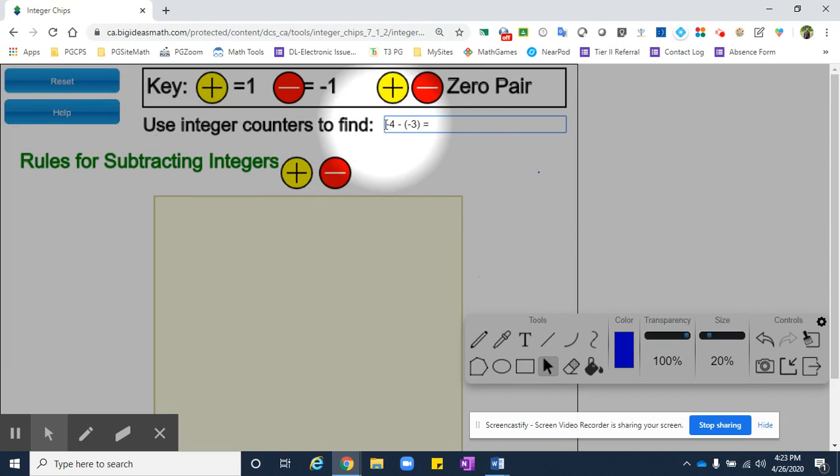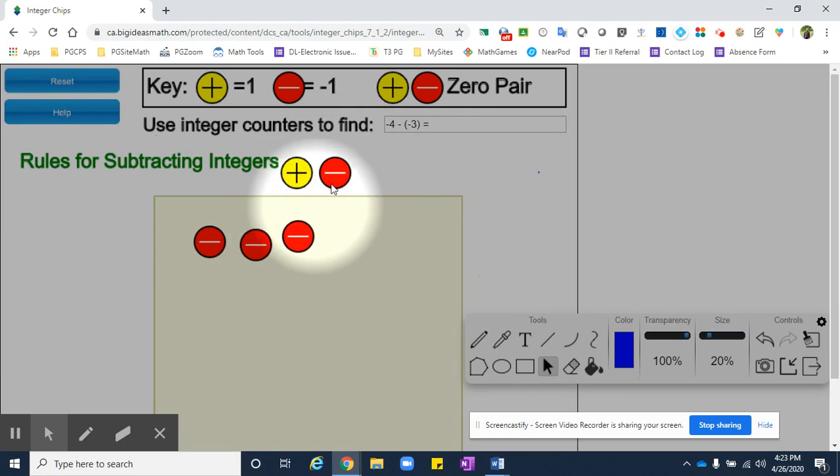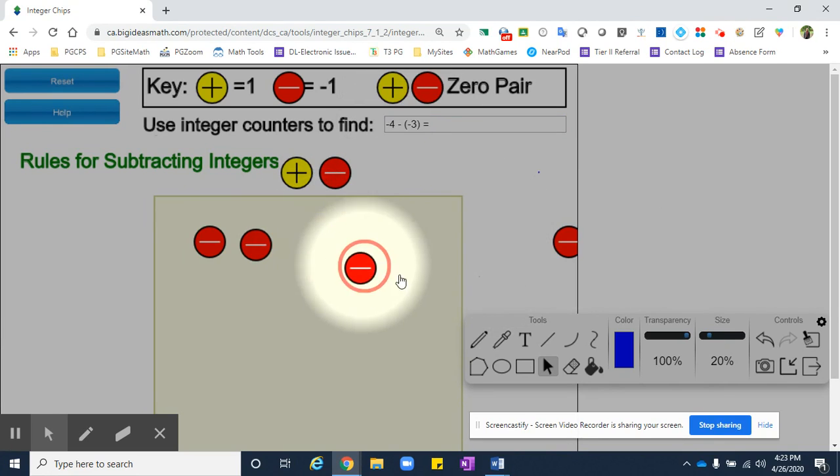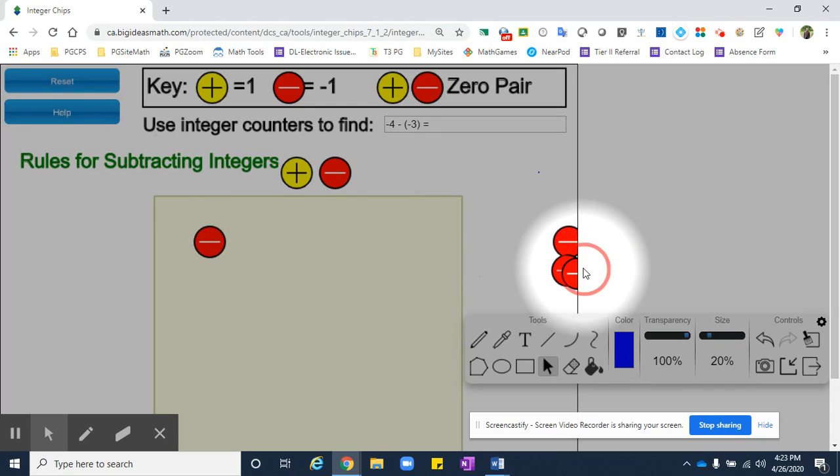So let's start with 4 red counters, 1, 2, 3, and 4. And it says take away 3 negatives. So let's take away 3 negatives, 1, 2, and 3. What's left? It's a -1. So the answer is a -1.